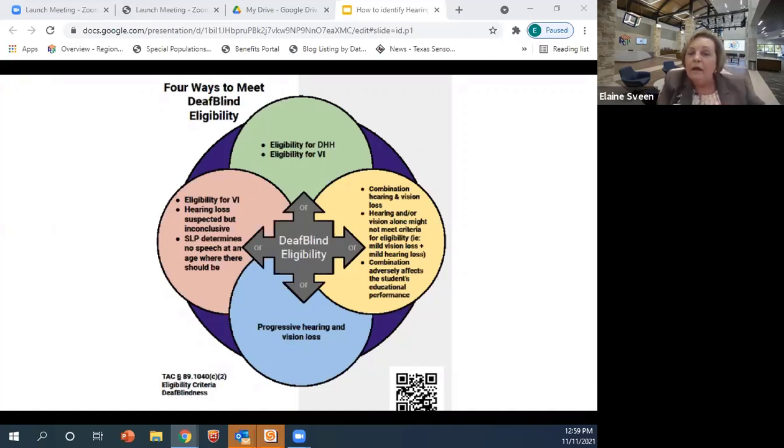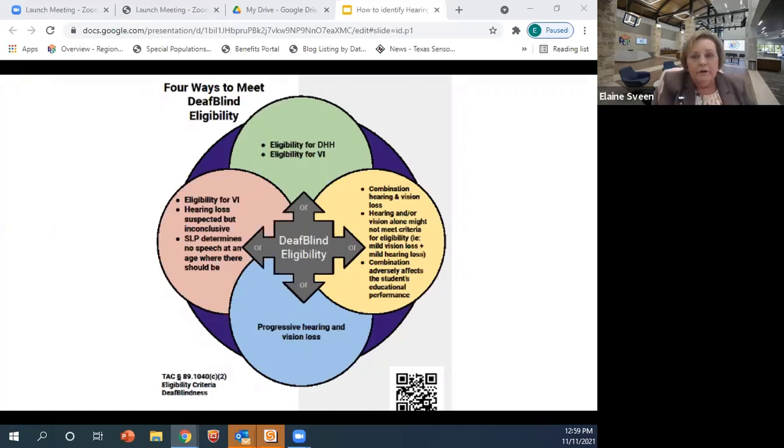But combined, those two mild is what I think we refer to this group as. The combined loss creates a lot of issues for the child, and the child is eligible to be qualified in that if they have a mild kind of thing.